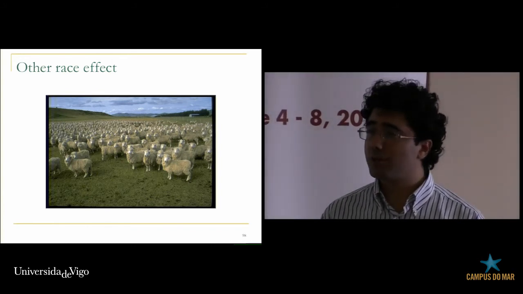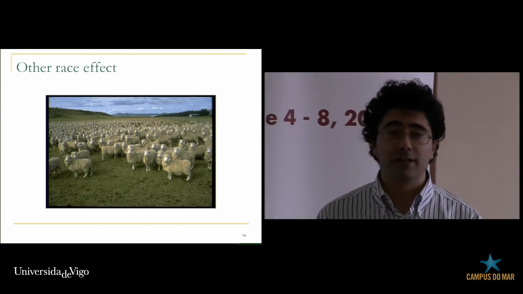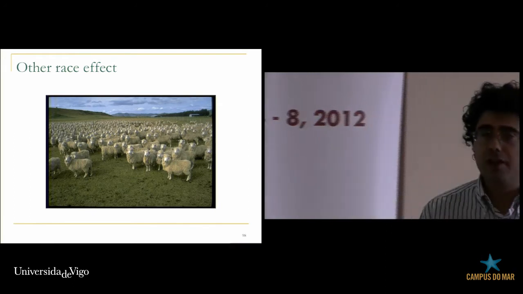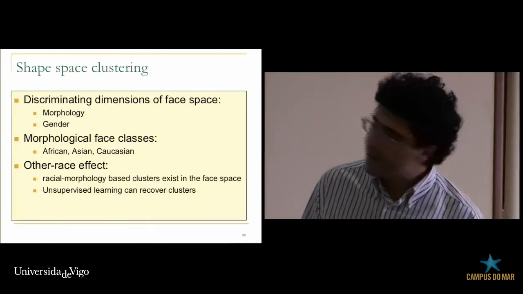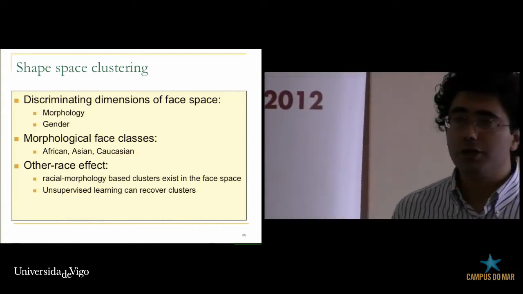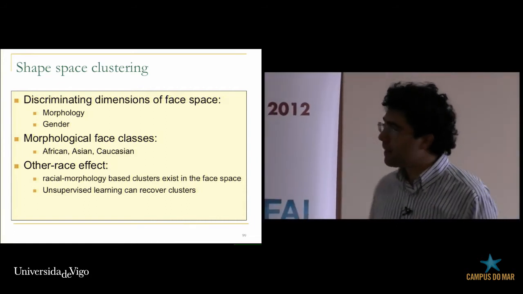He may have trouble separating Chinese faces if later on he goes to China, because he's not exposed to these dimensions. So this is called the other race effect. But it has a basis, okay? So morphology, ethnic morphology, is a discriminative dimension of the face space.